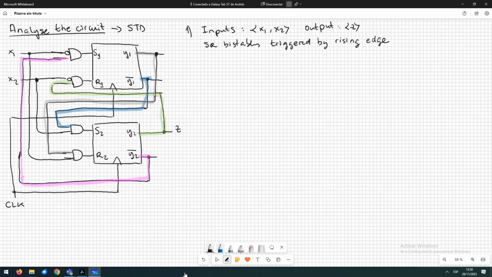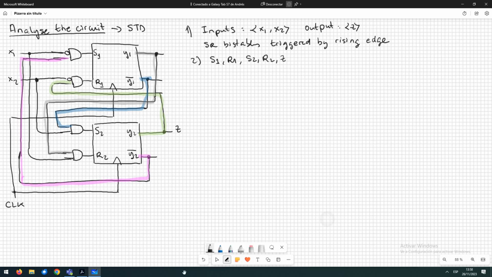So we are going to obtain the excitation functions that are S1, R1, S2, R2, and the output.